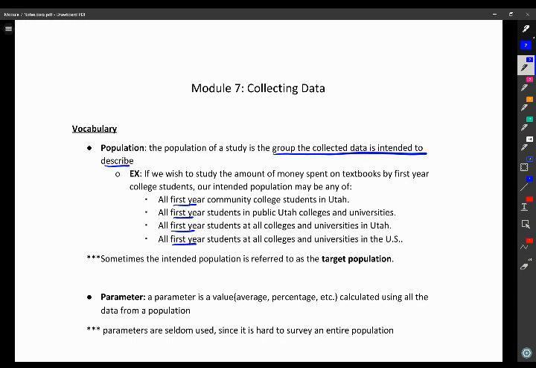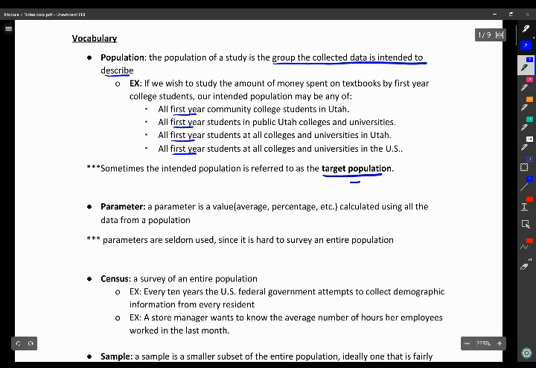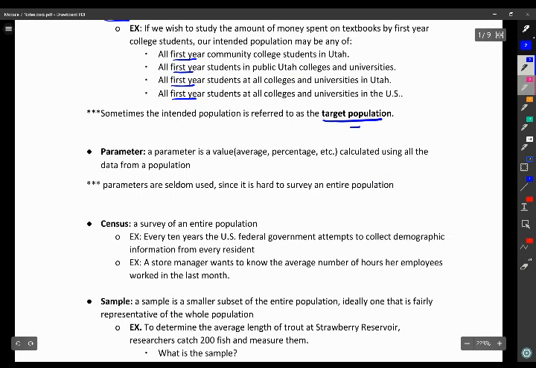Sometimes the intended population is referred to as the target population. A parameter is just a value that's given, or that's calculated, I should say, using the population data. So that can either be the average, a percentage, or just a number. Parameters are seldom used because we usually can't survey an entire population.